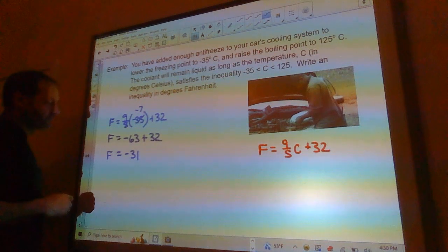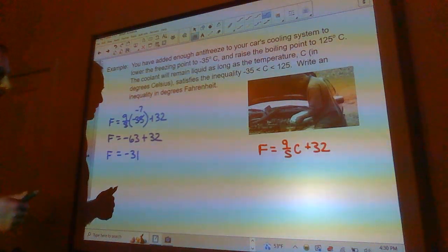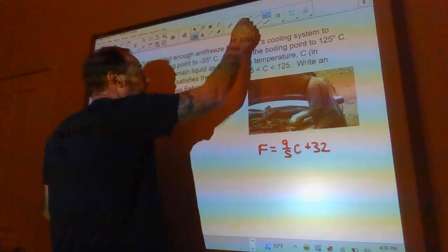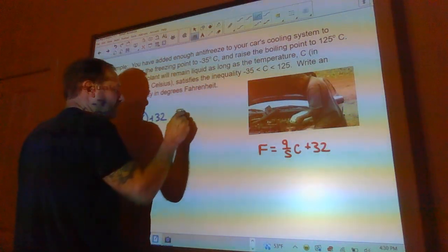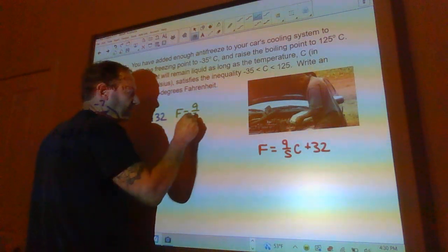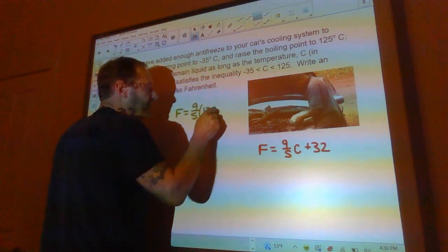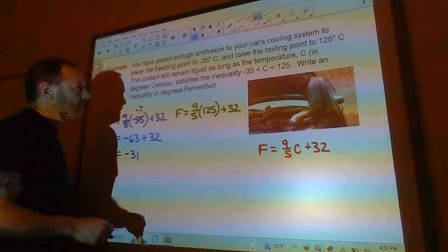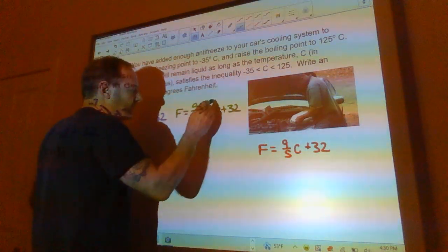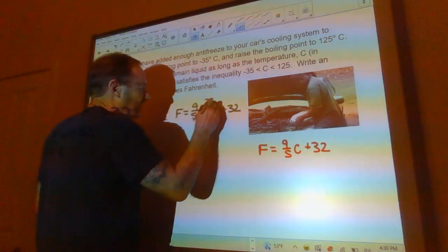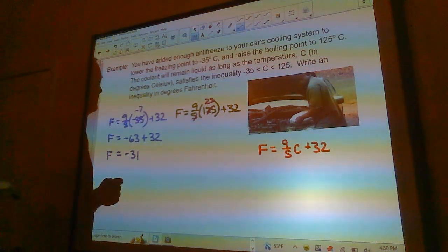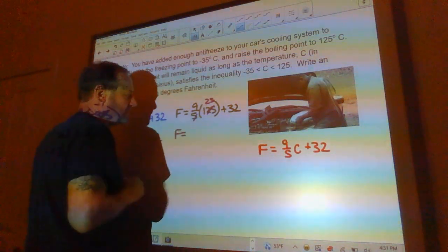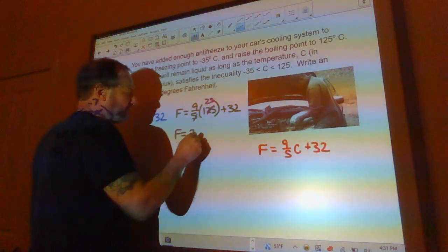Okay, and then we're going to go over here and we're going to do the other side. So we're going to take Fahrenheit equals 9/5 times 125 plus 32. And we'll go ahead and cancel that. That'll go in there 25 times. And 25 times 9, that's going to be, what, 225?